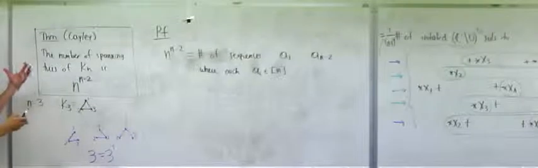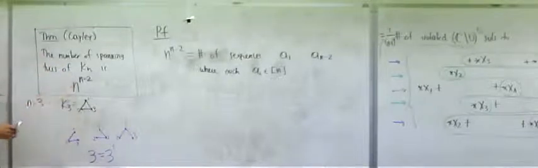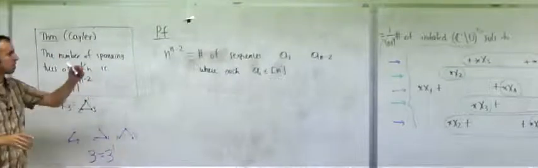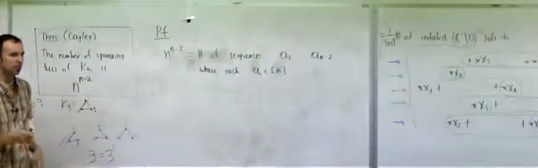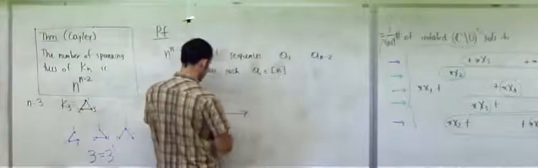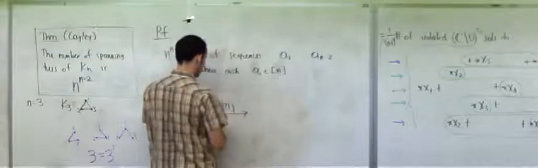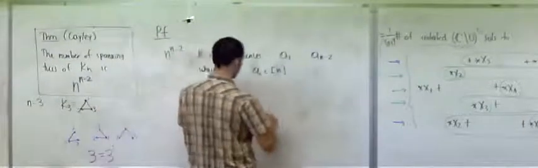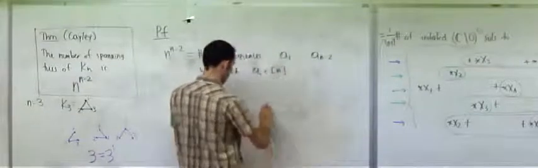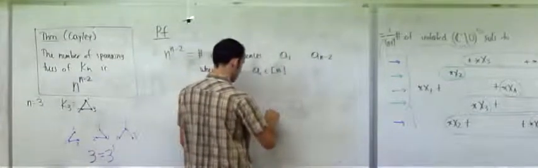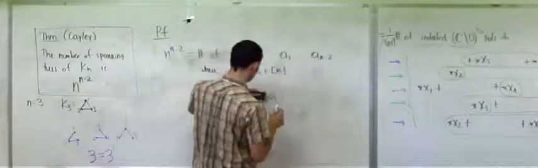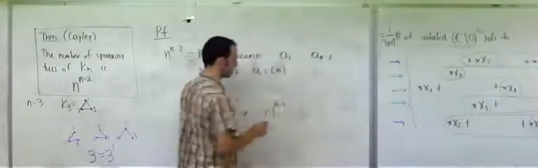And then we want to prove that the number of spanning trees is also this. And so what a combinatorialist will try to do is to find a bijection between these two sets, between these sequences and the spanning trees of Kn. And that's going to be our plan. So our goal is to find a bijection between these sequences, which, by the way, this is the notation for that: [n] to the n minus 2.